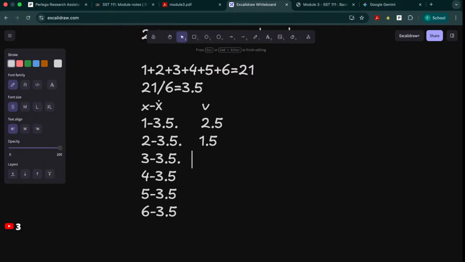This gives you negative 1.5, but when we are doing absolute values, let me say it, you ignore the negative sign.